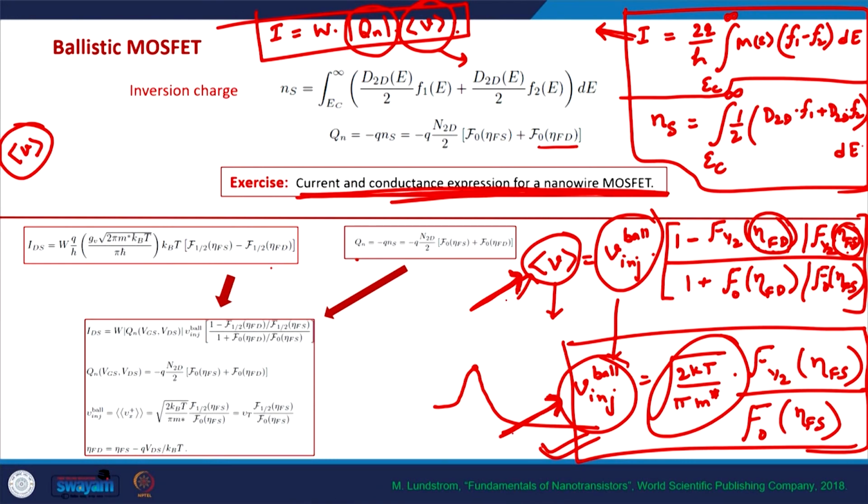The ballistic injection velocity is essentially whenever we have equilibrium, there is no effect of the drain in the system. This is just because of the source. So that is the ballistic injection velocity. It also is an important parameter.